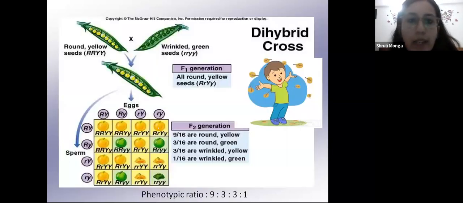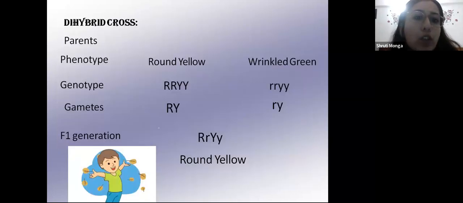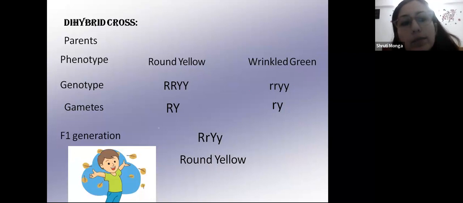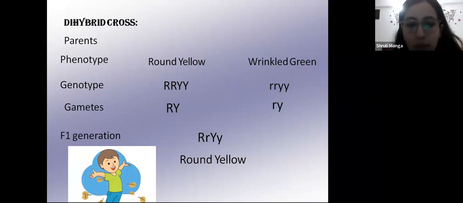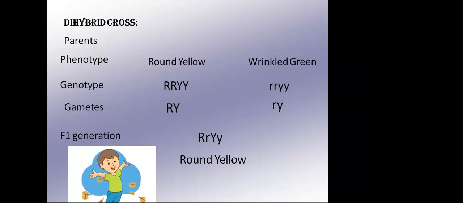Because I have told you the definition of monohybrid cross, who will tell me the definition of dihybrid? Ma'am, the exact definition I don't remember, but dihybrid crossing means that Mendel took green and yellow color pea seeds.